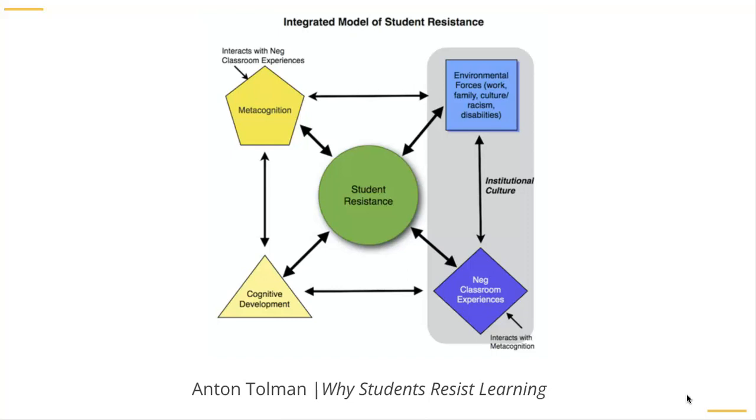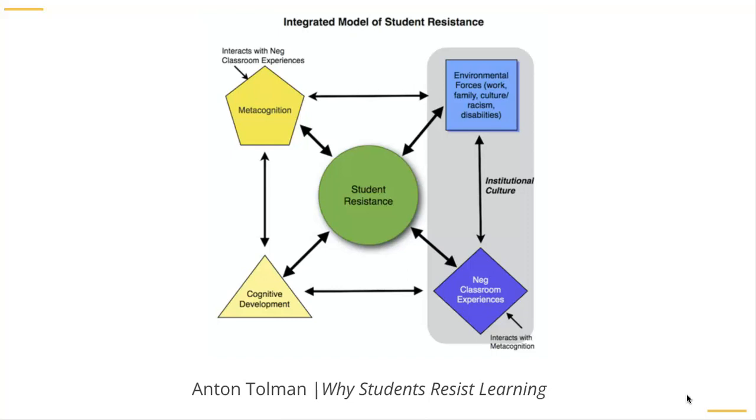Metacognition: how they're thinking, if they've had negative experiences in classrooms before, and most all of us have, and how their cognitive development is. That, of course, is related to metacognition, like where are they in terms of the tasks that they're being asked to do cognitively. What other environment is out there? So their work environment, their family environment, their culture, whether or not they're experiencing racism, or if they have differing abilities, how they feel that's being accommodated, how welcome they feel in that space.